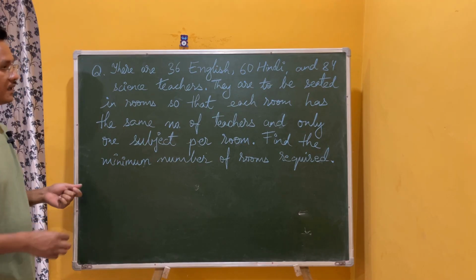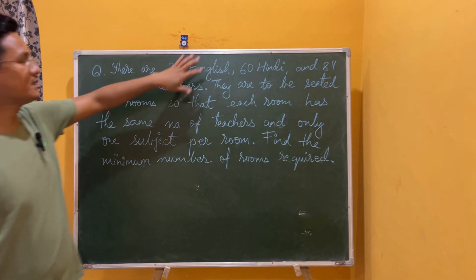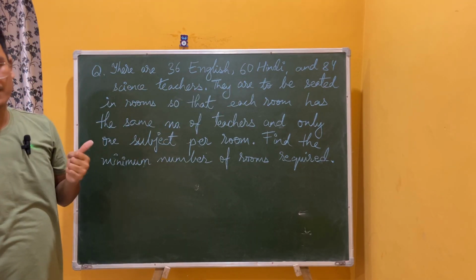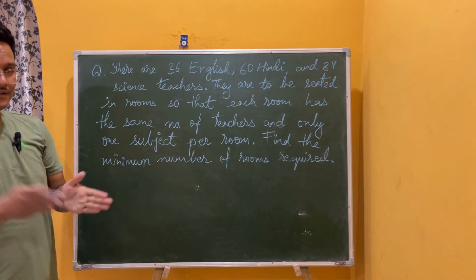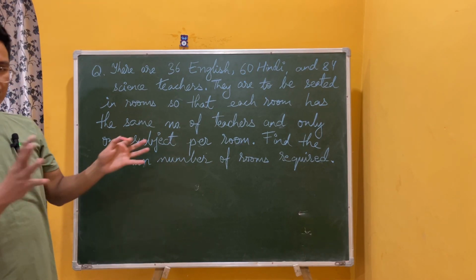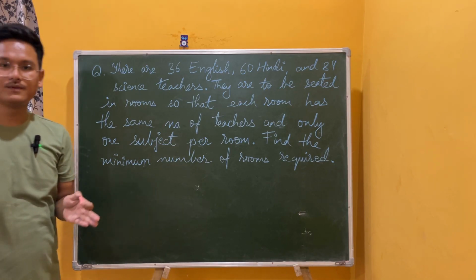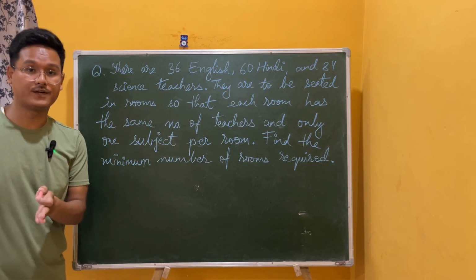So you have these many teachers from English, Hindi and science. You are dividing the teachers and keeping them into rooms such that in each room there must be an equal number of teachers.